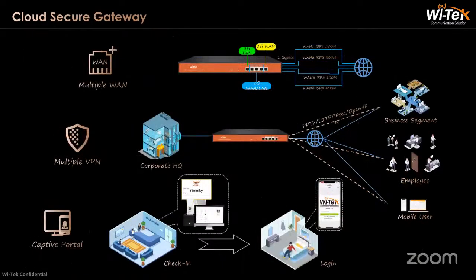Let's see what the Wi-Tek gateway is useful for the client. You can see we have three key functions. The first one is multiple WAN. Why do we need multiple WAN? Because some customers have different cables, for example ISP1, ISP2 and ISP3 with different speeds.